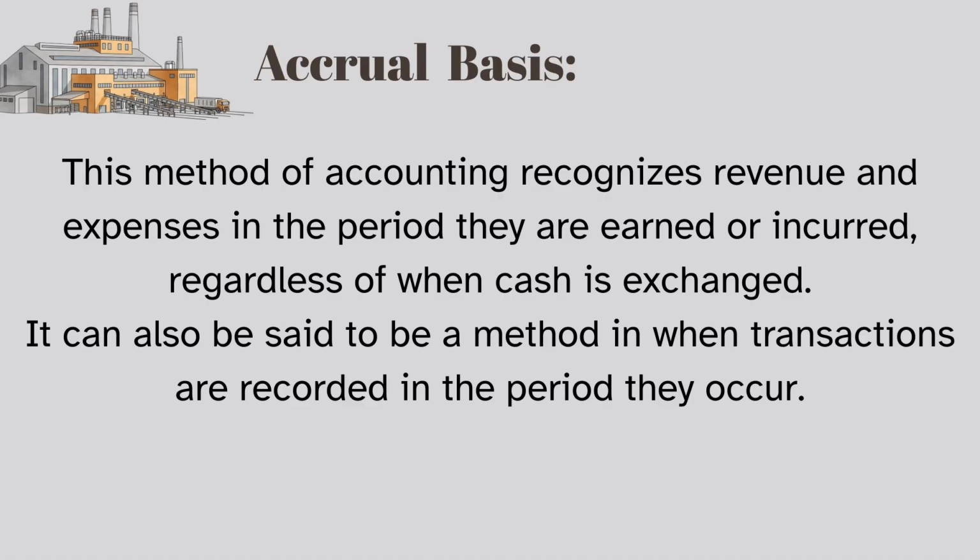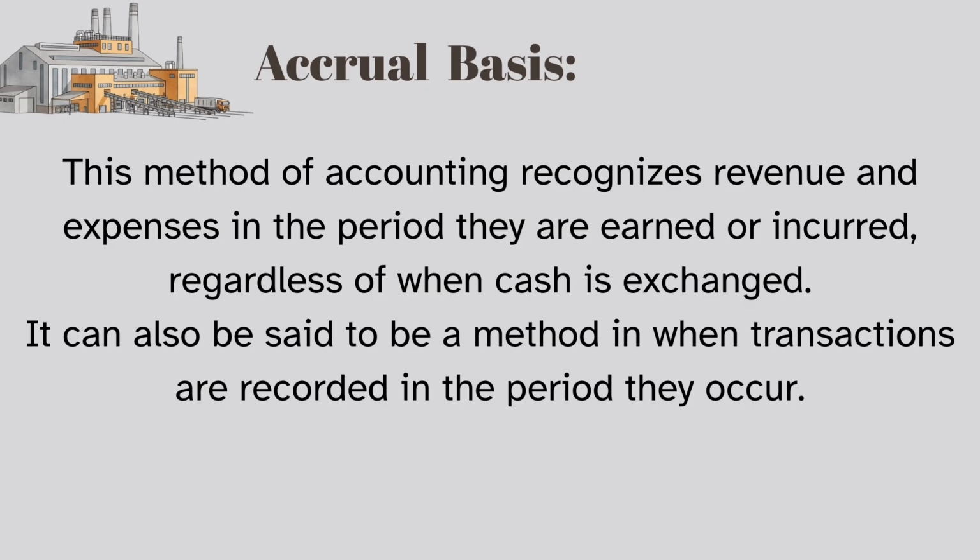So regardless of whether we receive the cash or not, we would recognize it in our book of accounts. So if we take our first instance, remember that on the 1st of January, we did not recognize anything in our books of accounts. But if it were to be in the accrual basis of accounting, we would have recognized that transaction on the 1st of January.